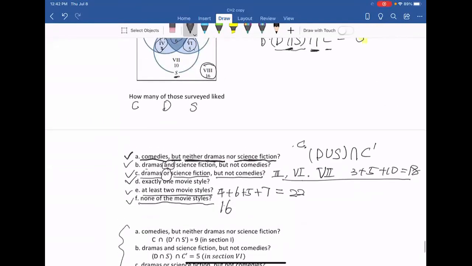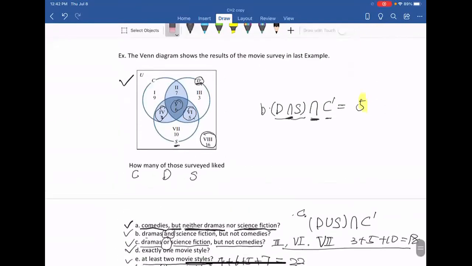From the Venn diagram, belonging to exactly one of the sets means they should be here. Only these three regions means people only select one favorite movie style.